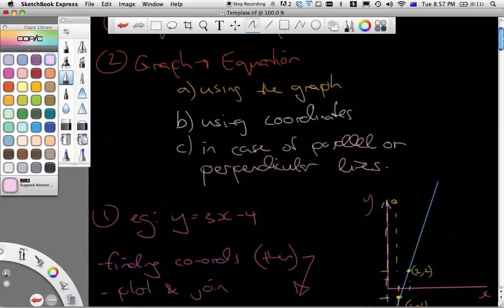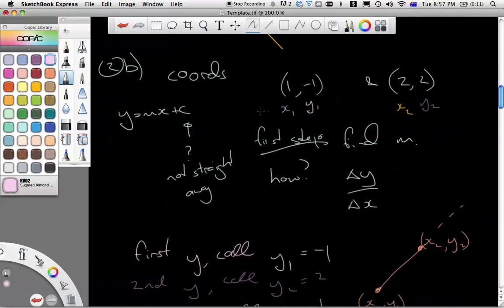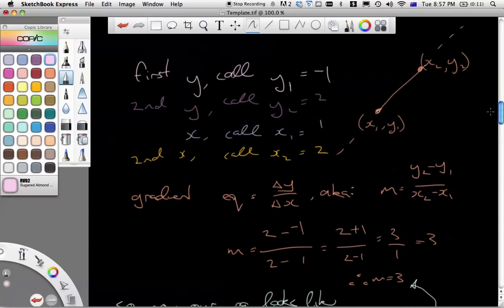Using coordinates, when we couldn't see c straight away, we took 2 coordinates and used this method, getting a good feel for what's y1, what's y2, x1, x2. Changing y is just one y minus the other y, changing x is just one x minus the other x.